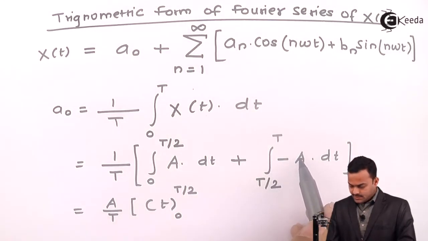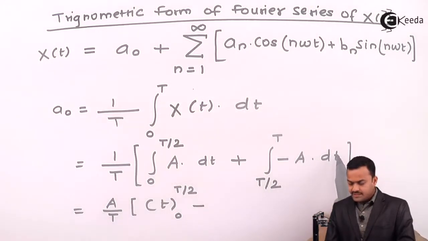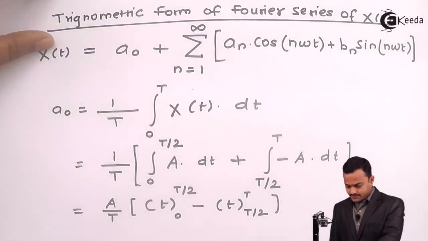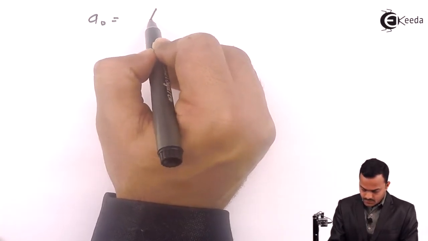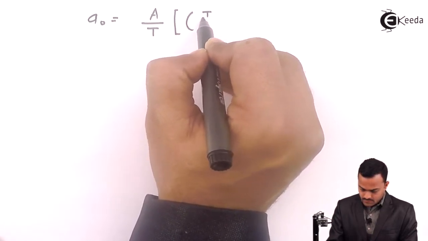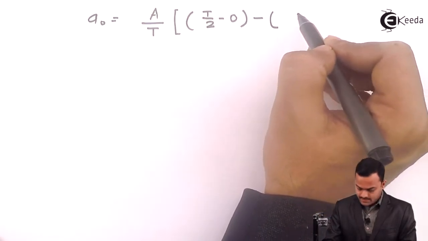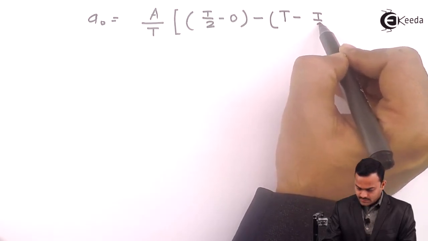Same way here, if I take A common, the minus will come, and the integral of dt is t, with limits T by 2 to T. So let's apply the limits. a0 will be A by capital T, T by 2 minus 0, minus T minus T by 2.